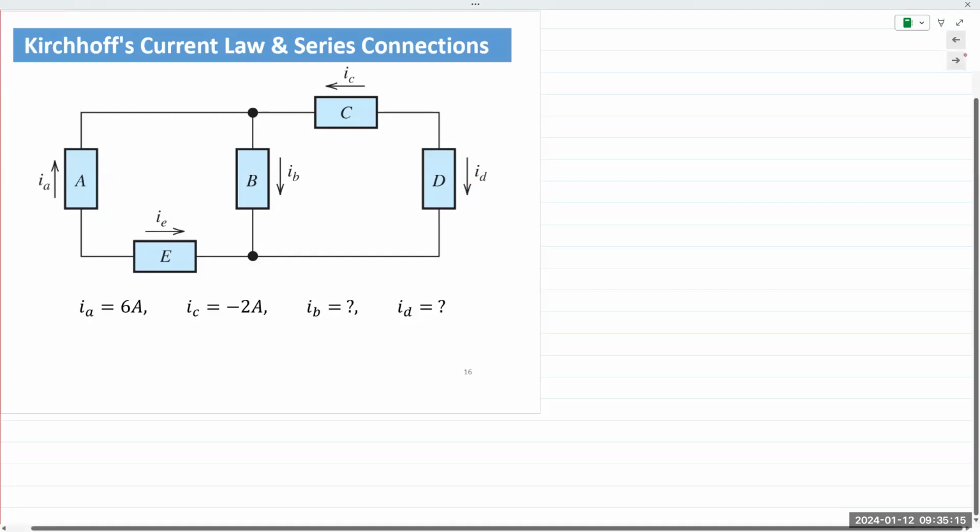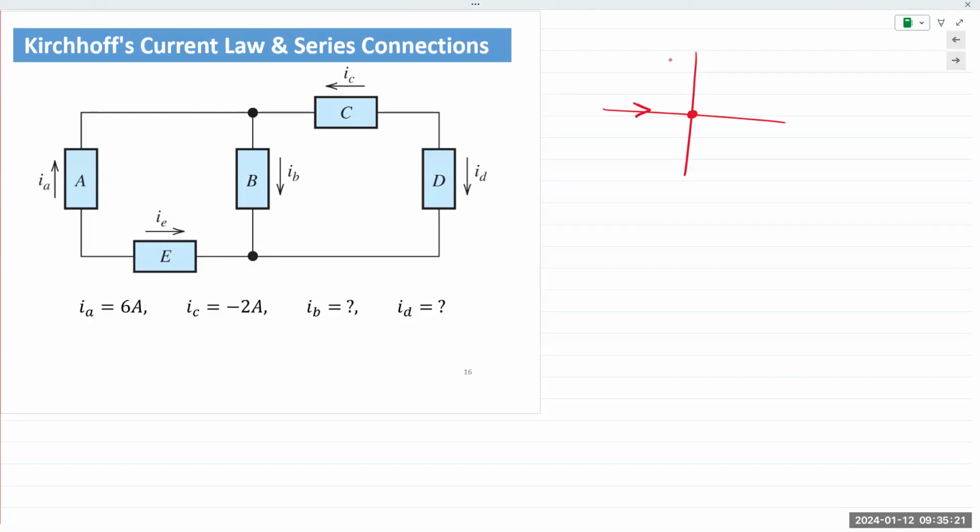So in simple terms, if you have a junction like this, and you have two currents entering and two currents leaving, then the sum of the currents entering the junction is equal to the sum of the currents leaving the junction. As easy as that.